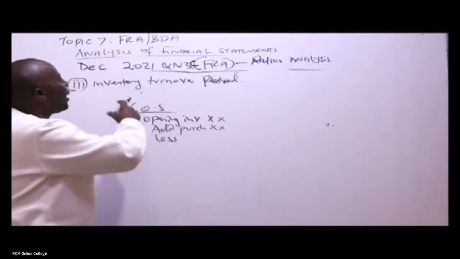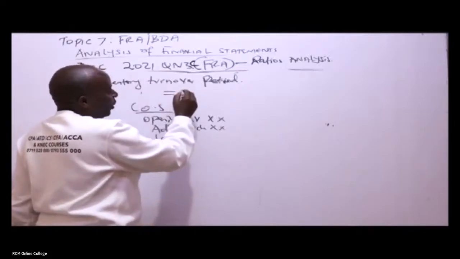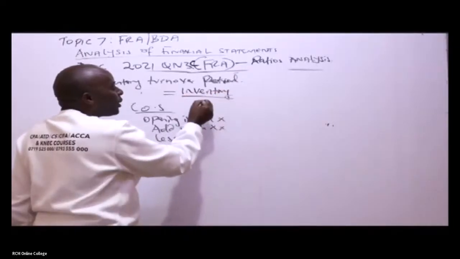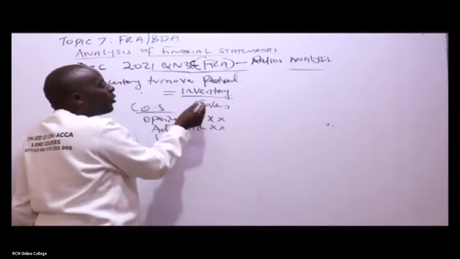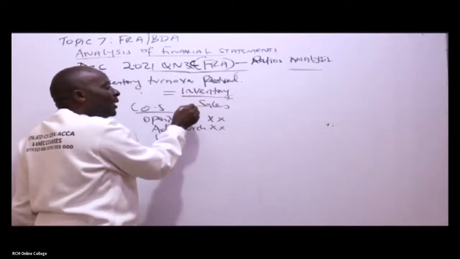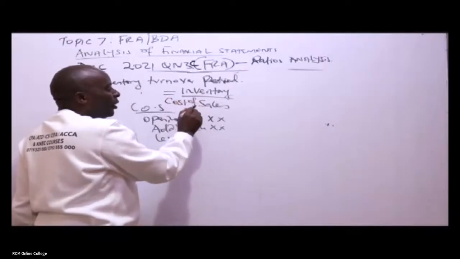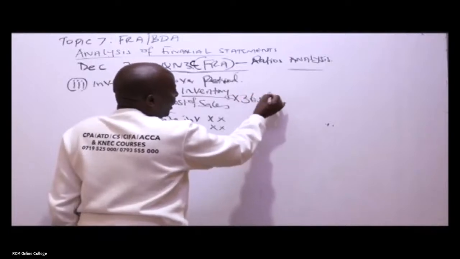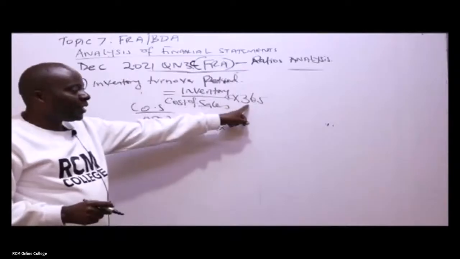So whenever we have this kind of an arrangement, I will write the formula. I will take here inventory, but now, it's supposed to be inventory over sales because turnover is sales. But you remember that inventory cannot be in sales. So I know inventory will be under cost of sales. So inventory over cost of sales times 365, because they have told us period, and you must be careful of the number of days in the year.